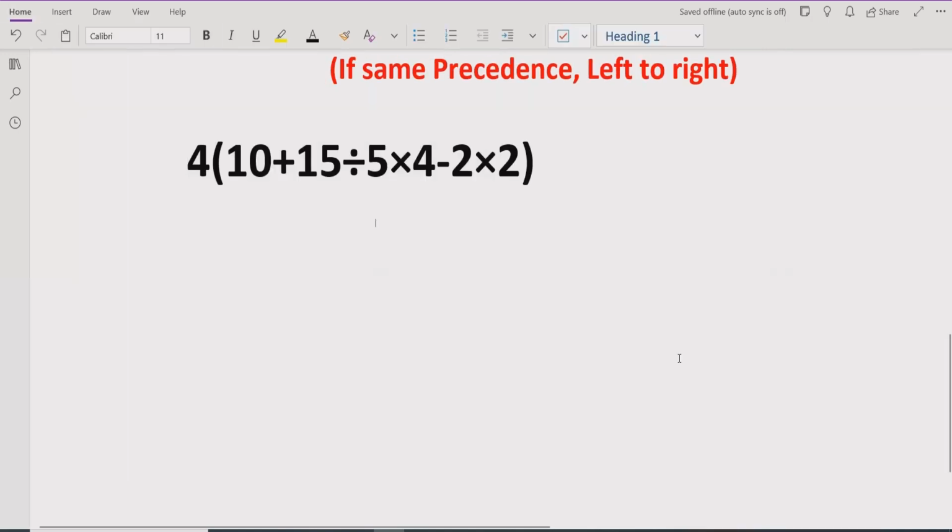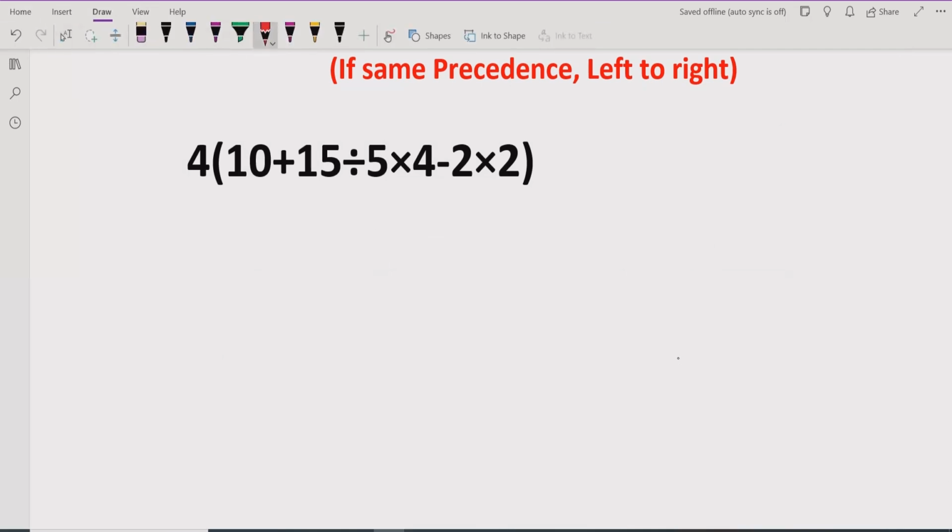Okay, this is the expression. First we decide we are using the PEMDAS method, or you can say BODMAS. Now we have to go left to right, in this direction, and see what is coming.